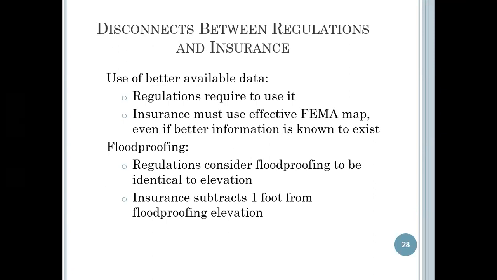Let me give an example here. You have a structure that under the current map goes at base flood, but you've got a new map coming, or you've got a freeboard, and then we will actually rate the policy based on that higher standard.